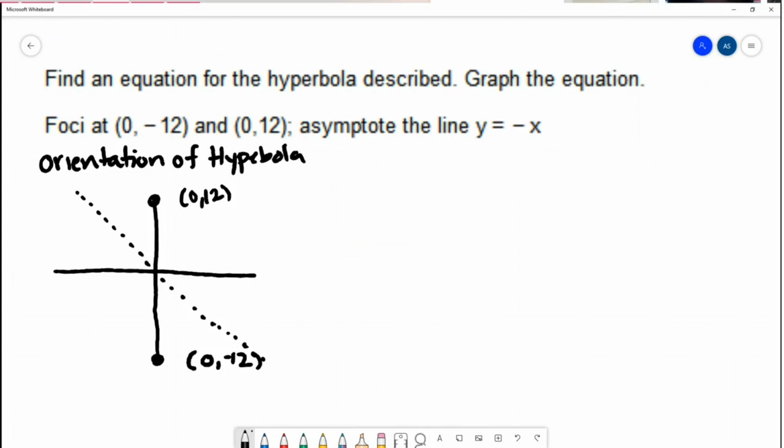So based on this information, I can tell that we have a vertical transverse axis.